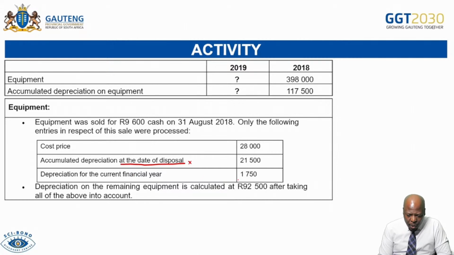Depreciation for the current year means this amount is in there, because this is at the date of disposal. It simply means the 1,750 is inside the 21.5.